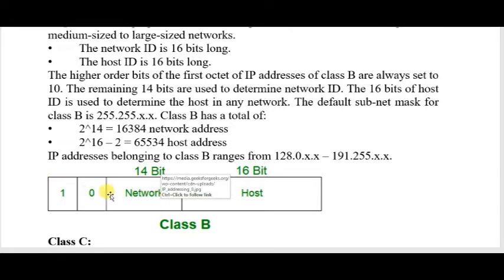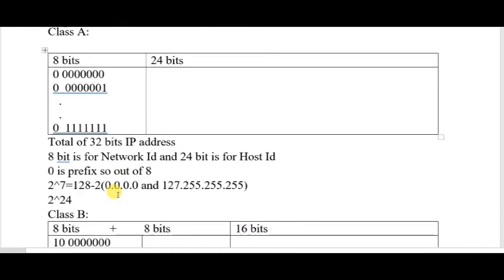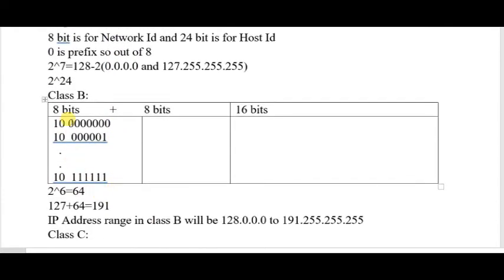So in the class B, the bits 10 are the prefix, and another 6 bits remain. This will start from 6 zeros to 6 ones. The last address will be all 6 ones. So 2 to the power 6 is equal to 64.